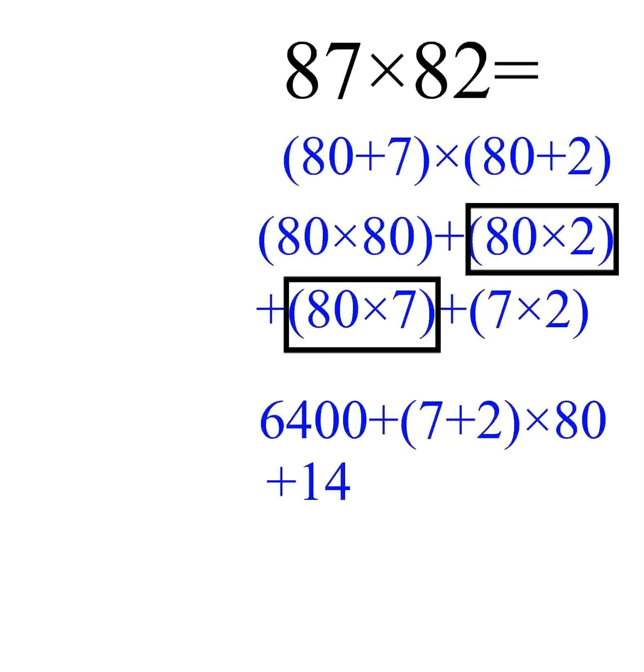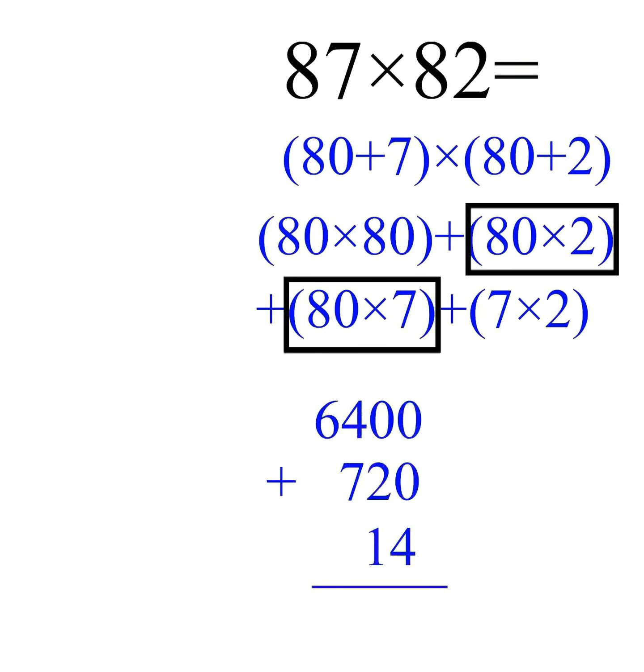So, and 2 plus 7 times 80 would be 720. So let's add these three vertically. And the three numbers are the numbers we calculated at each step before when I gave you the method, okay?